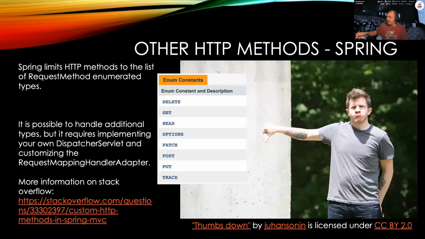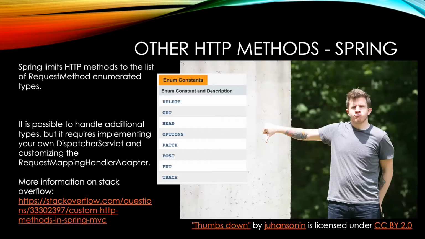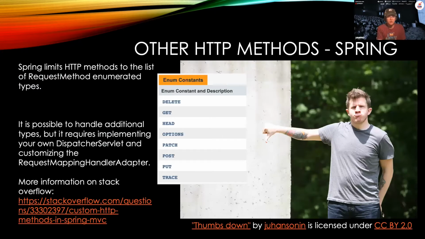Now, I guess I should probably put my cap on for this, but Spring doesn't give you that same level of control. Spring has an enumerated type, and these are the HTTP methods that you can use with Spring MVC REST.